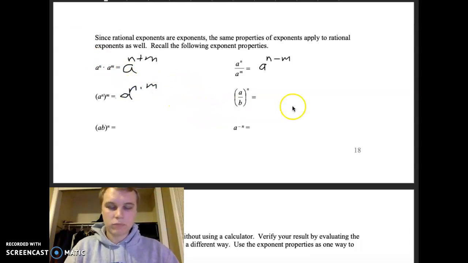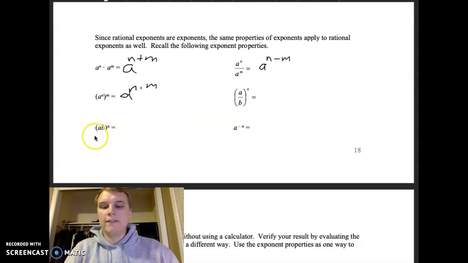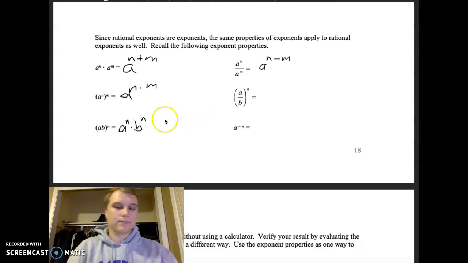Then we go down one. We have a times b, all raised to the power n. When it's two different numbers raised to a power, the power is going to distribute to each part. That means we're going to have a to the n times b to the n.